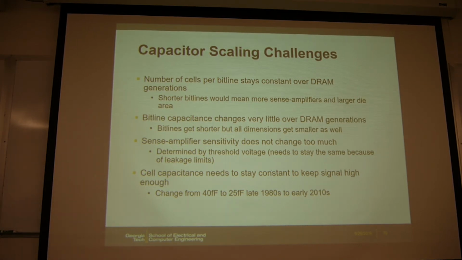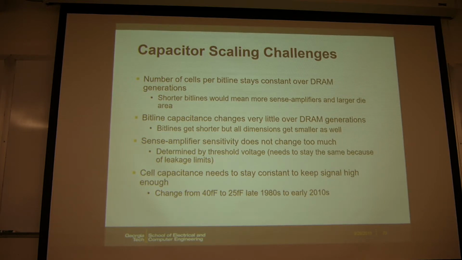Shorter bit line, when you scale the technology node, of course the bit line will become shorter, but shorter bit line does not mean CB will decrease. Why is that? Shorter bit line does not equal smaller CB.